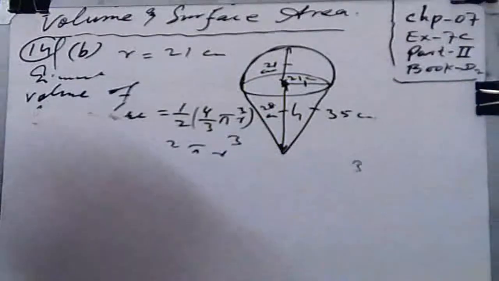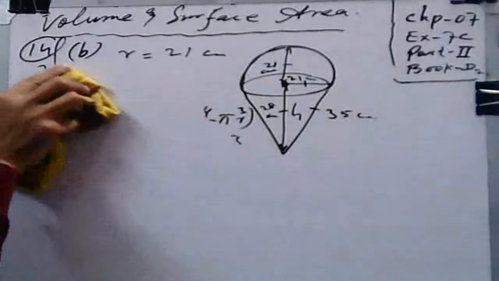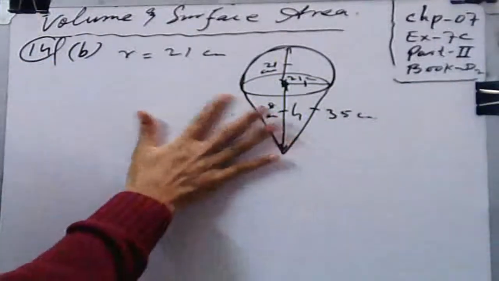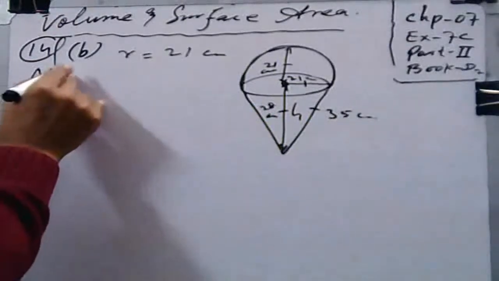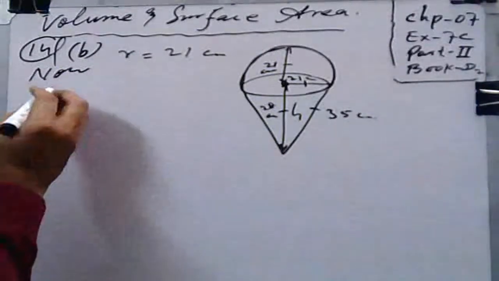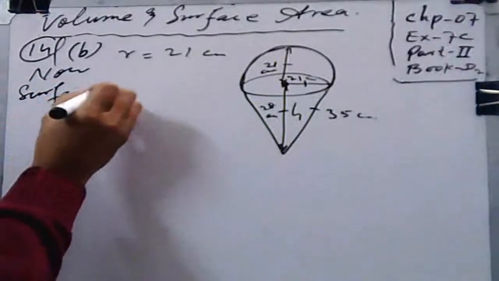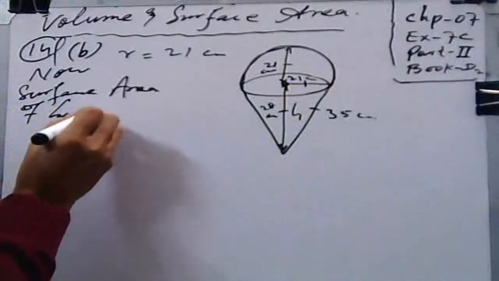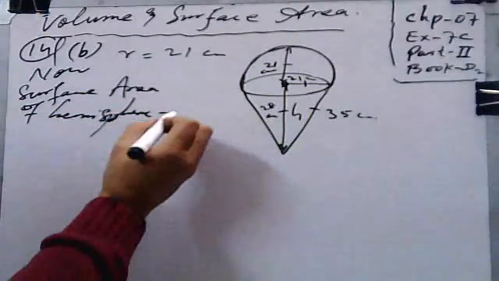Now surface area of hemisphere, that is, we have a formula half of 4 pi r square. So putting the values, 2 pi r square, so the value of r is 21.